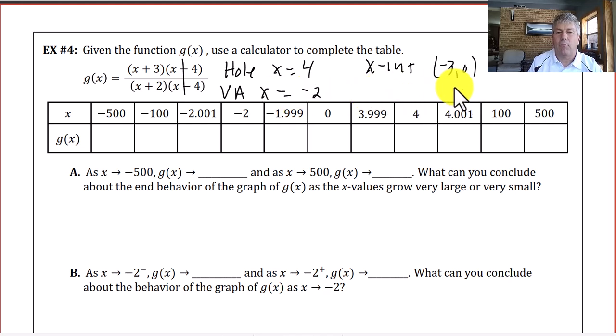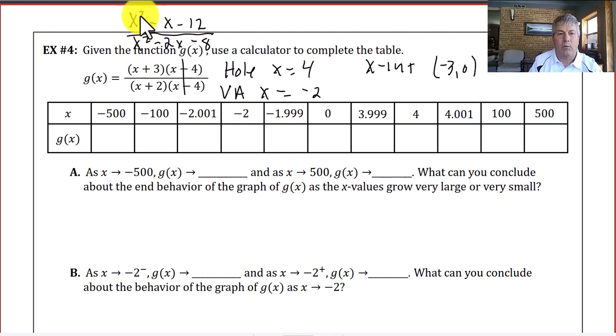What I did is I went ahead first and I also FOILed this function, and this function FOILed was x squared minus x minus 12 all over x squared minus 2x minus 8. So then I could find some other things out as well.